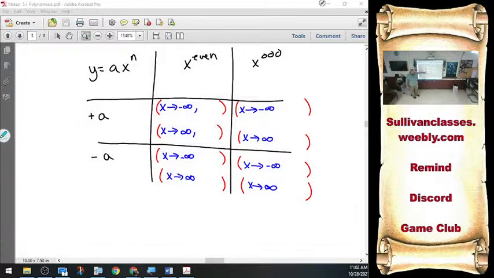All of this stuff right now, I look at the graph, I'm either going left or right. If it's a positive even, they both go to positive infinity. I'm just reiterating it. If it's a negative even, they both go to negative infinity.